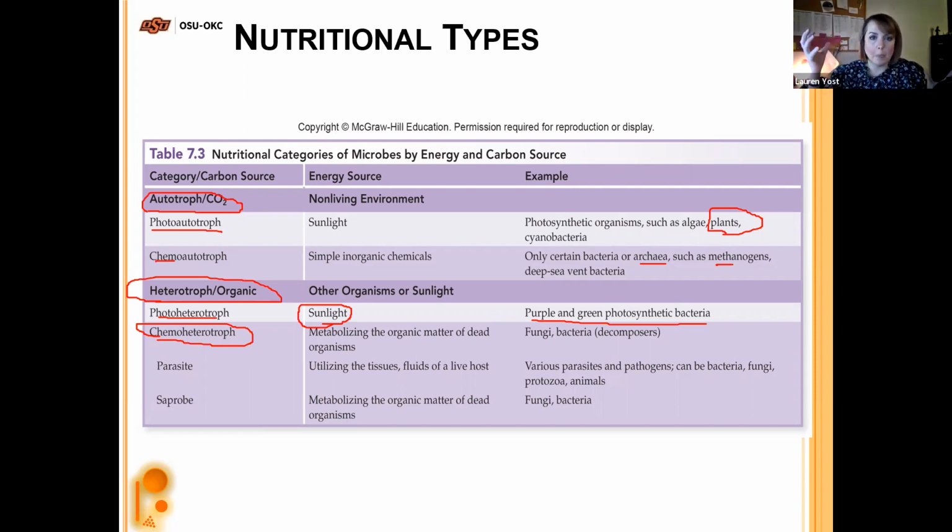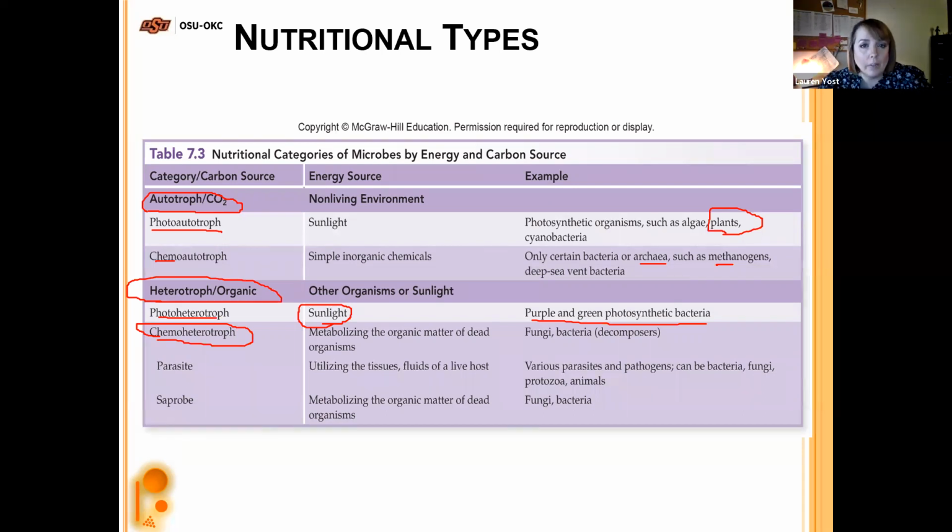Usually organic is what I'm talking about, organic material. So here they're giving us the examples of parasites and saprobes, which we don't have to get into, but we are chemoheterotrophs. I don't know why they didn't just put humans. Well, yeah, so we are chemoheterotrophs.